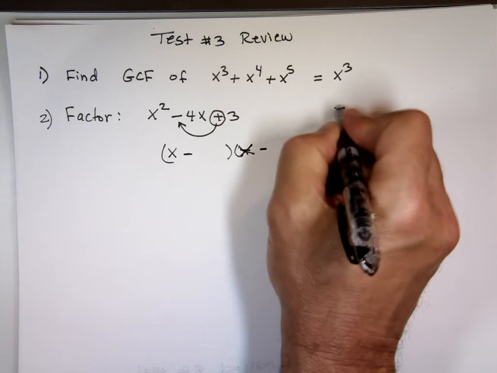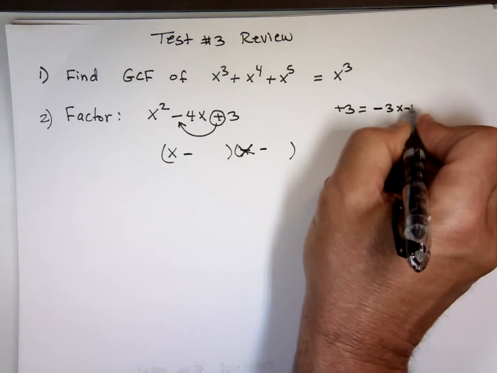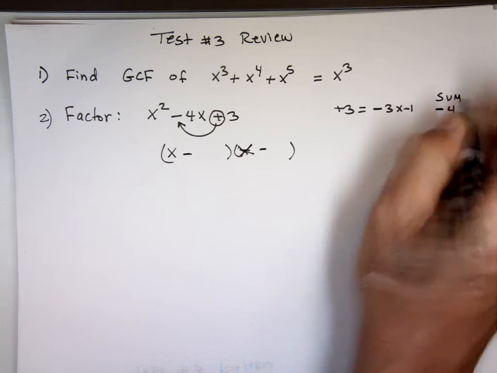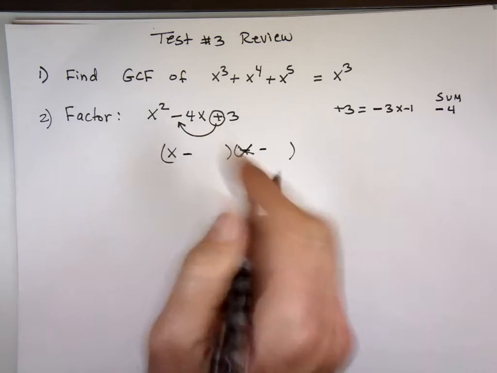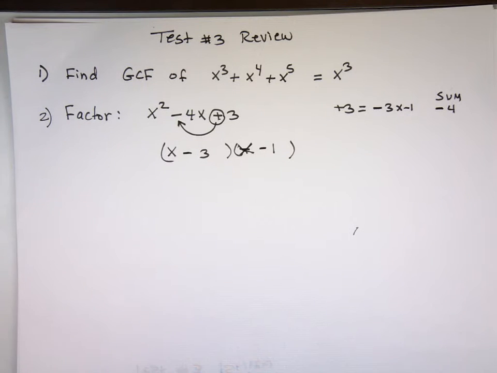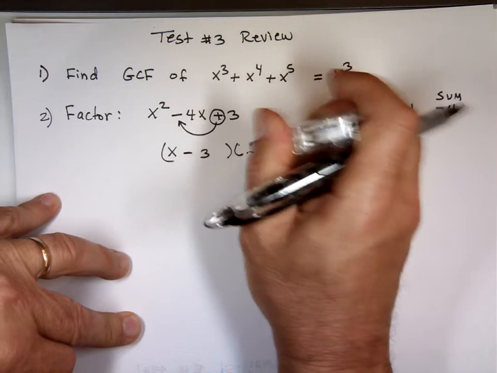So to get a plus 3, using negative numbers only, it has to be negative 3 times a negative 1. And when you add these numbers, what's the result? Isn't that a negative 4? Negative 3, negative 1. Which side you put them on is not important.